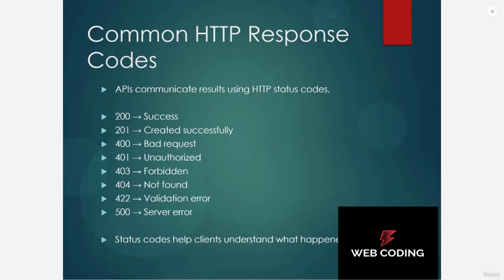Every request has its own response. You can think of these status codes as clues that the front end developer looks at to know what's going on with the response. We have a couple of them in here.